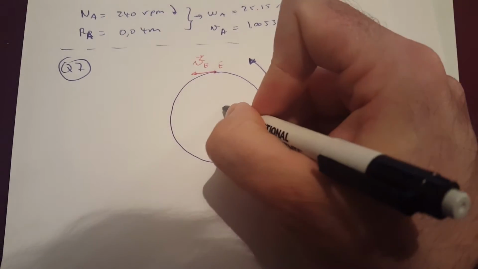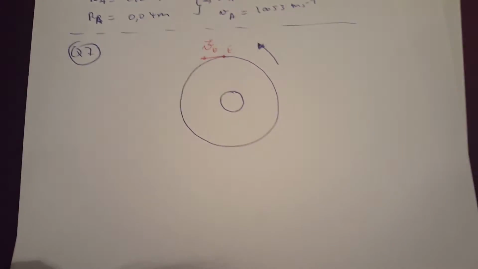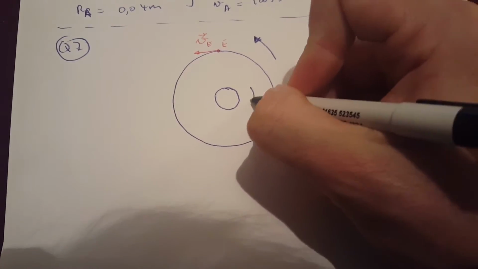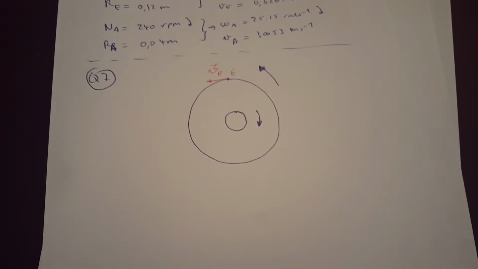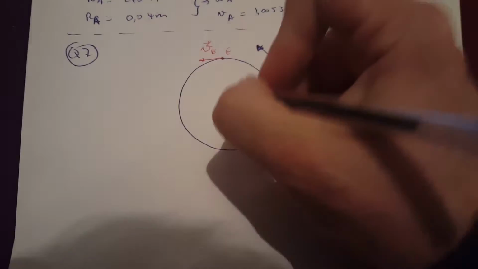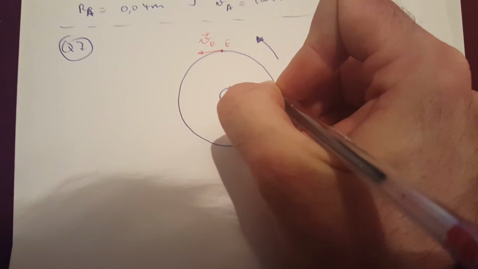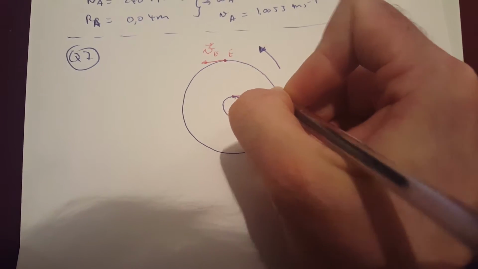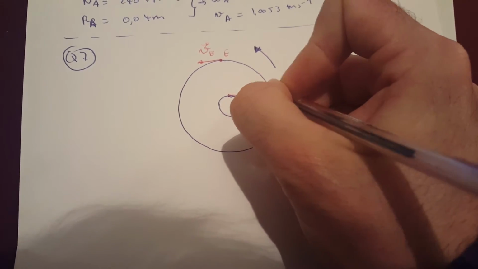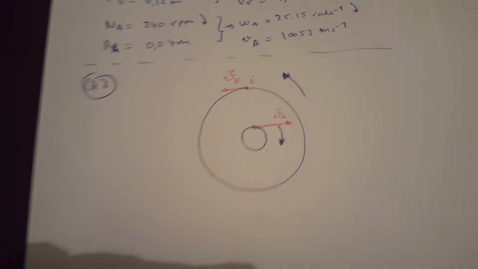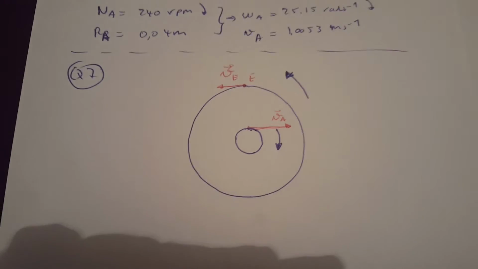Now, in the center, I have gear A, which I am told is rotating in the clockwise direction. So at this point, I'll have a velocity VA, and it is larger than VE because I determined it before. These are the two vectors that I have.